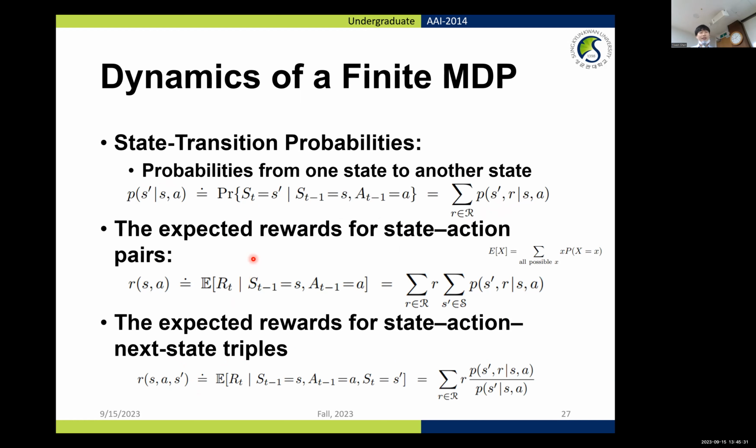Next one is the expected reward for state-action pairs. The reward of this state-action pair is defined as the expectation of R_t under the condition that the state is S and the action is A. Now, if you calculate this expectation, it will be calculated in this way.